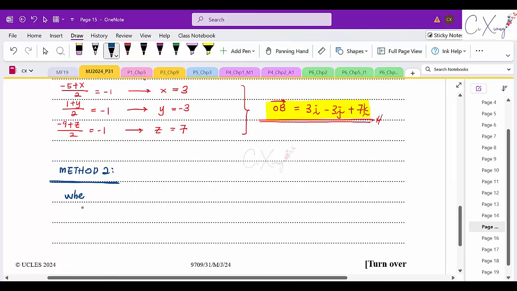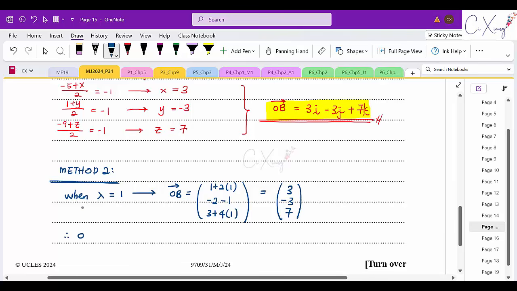So when lambda equals 1, substitute into the line L equation. Your line L equation will be 1 plus 2 lambda, then negative 2 minus lambda, and also 3 plus 4 lambda. When you substitute it, you also get the answer 3, negative 3, and 7.